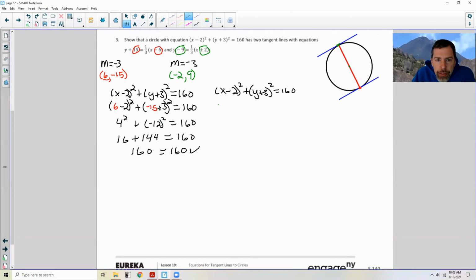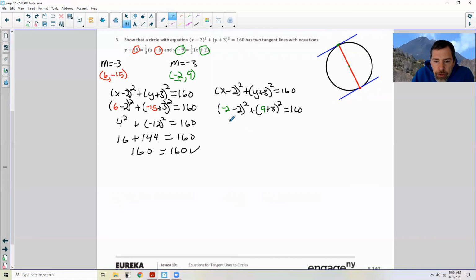So it's going to be our x, which is here, -2 minus 2 squared. And let me change so that just the number is green. So there's our (x minus 2) squared plus our y, which is 9 plus 3, quantity squared, has to equal 160 to satisfy this point being on that circle.